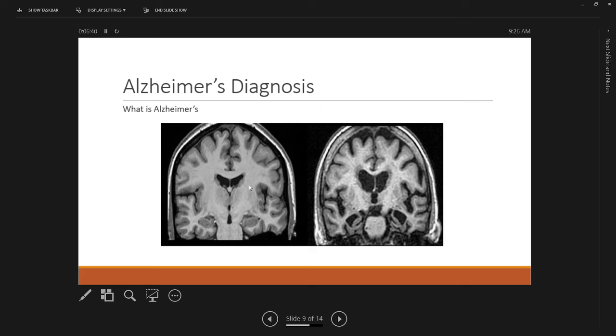On the left, it's a normal person, and on the right, it's somebody with Alzheimer's. We can clearly see at the center that the one with Alzheimer's has a very big hole, which means huge loss of hippocampus. So my convolutional neural network is going to recognize this and spit out whether the image is Alzheimer's or not.